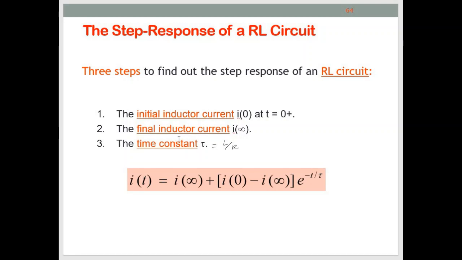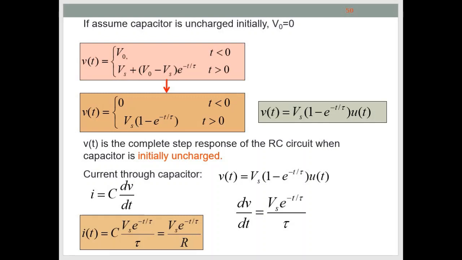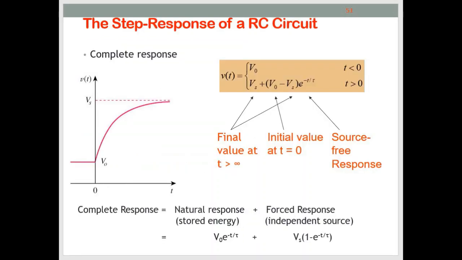Okay, and in step response RL, the terms like steady state response and transient response also exist, but they are not covered in the slide because it wants to shorten the notes. But whatever was stated for RC, for example the graph, also exists in RL.